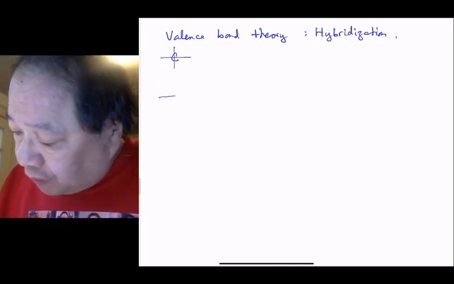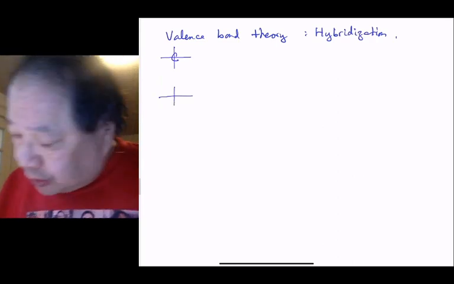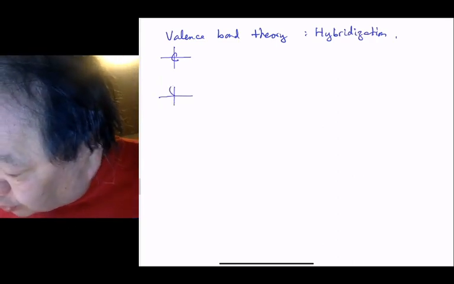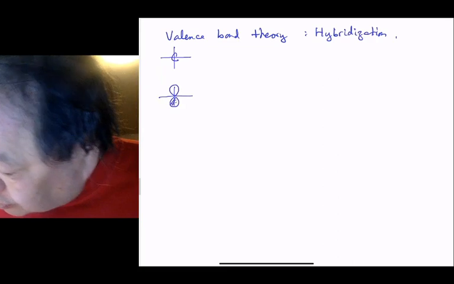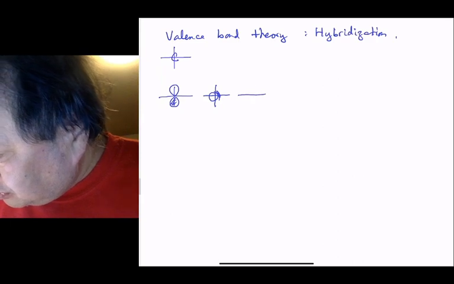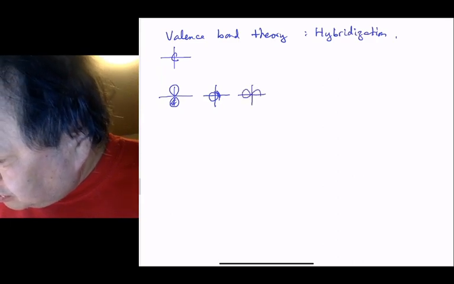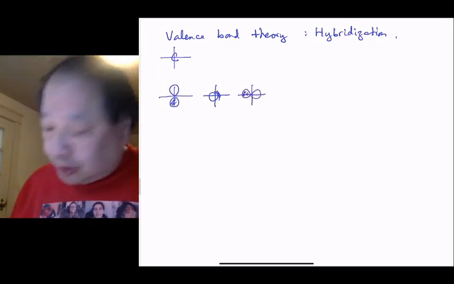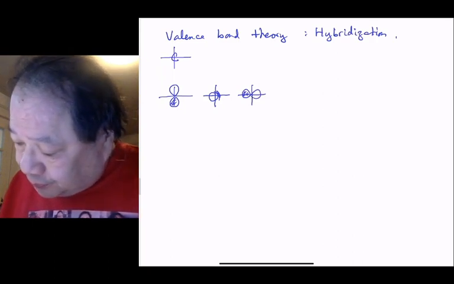And it starts off with, there's the crosshair, that's the nucleus, 3 p orbitals. And at lower energy, the s orbital.